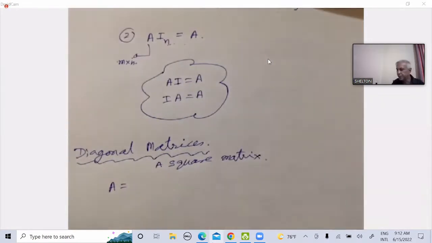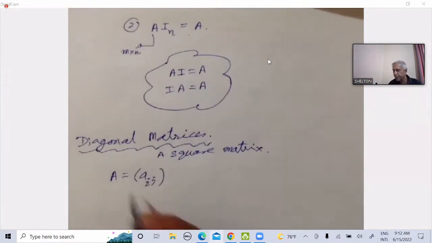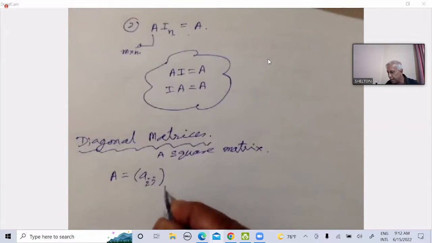A square matrix with the following property: A_ij, so a square matrix, it should be n by n.